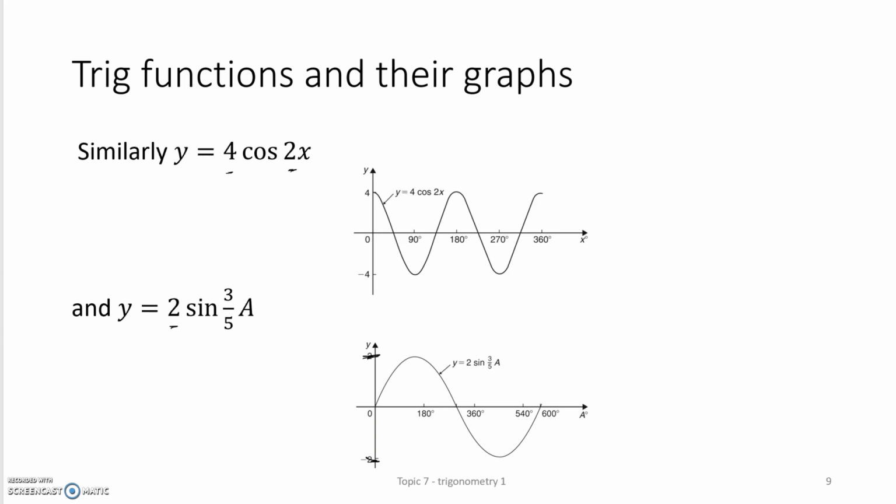So it's stretched, if you like, by 2 units, and it goes around 3/5 as fast. So that means it goes round once in 360 divided by that 3/5, which is 600 degrees, which is why you can see there it's gone around once in 360 degrees.